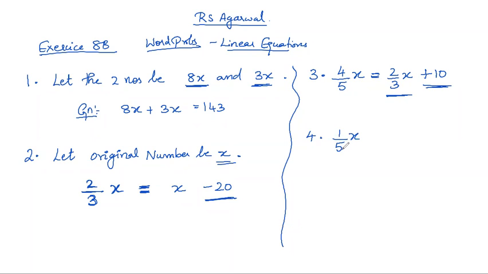So this 1 by 5 of that number increased by 5, means plus 5, is equal to fourth part diminished by 5. Fourth part is what? x by 4 or 1 by 4 times x. Diminished means what? Minus 5. So this one you have to solve and find what is x.